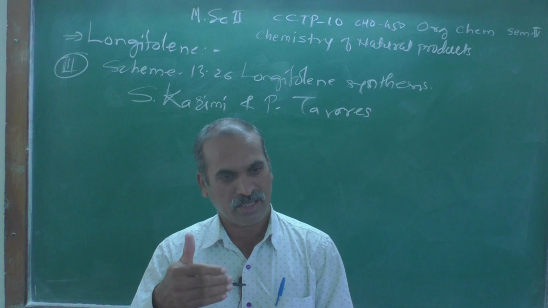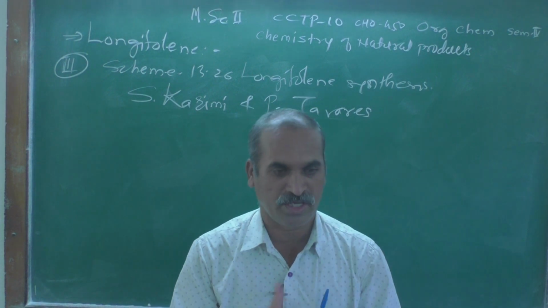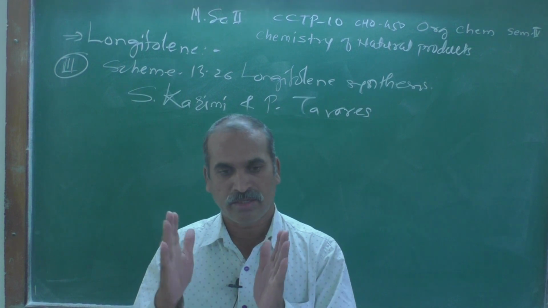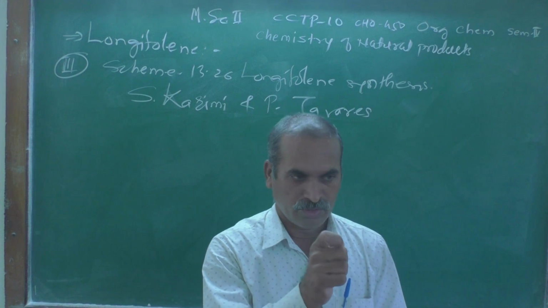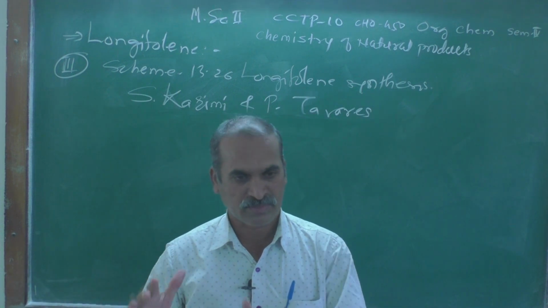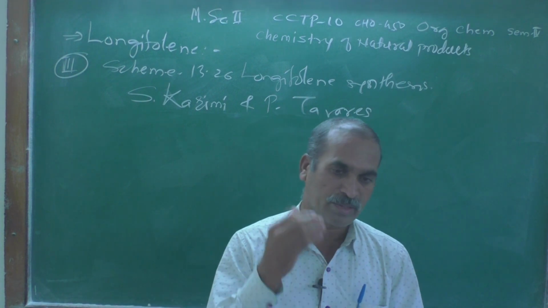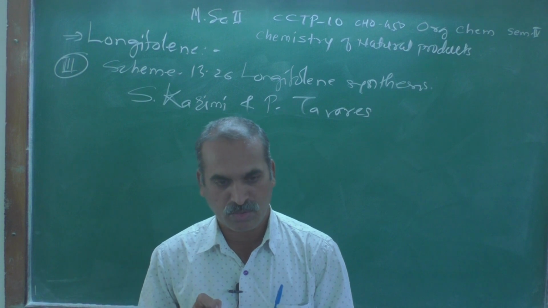A reagent is the name for those reagents which are added for the conversion of that Wieland-Miescher ketone into some other product. So the A reagent is H2 in presence of palladium charcoal.